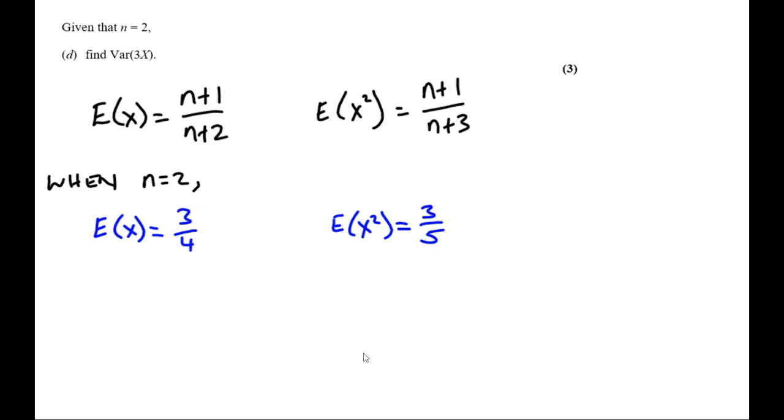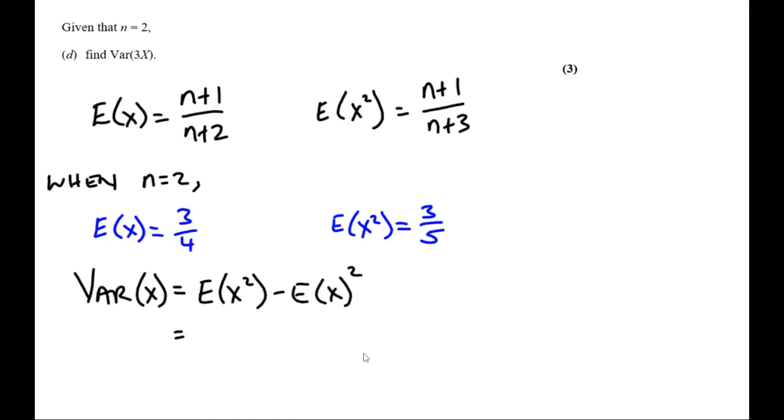Okay, the question is asked for us to find the variance of 3x. First, I'm going to go ahead and find the variance of x. E of x squared minus the E of x, squared. So we're looking at 3 over 5 minus 3 over 4 squared, which all works out to be 3 over 80.